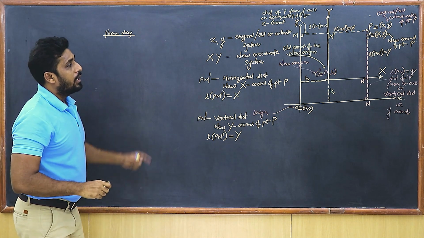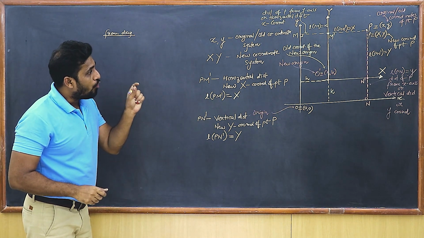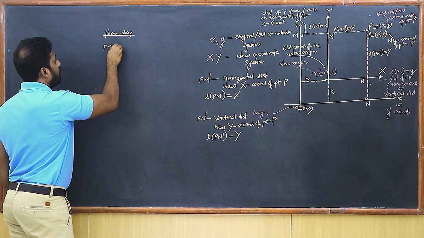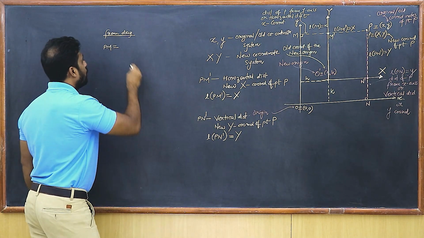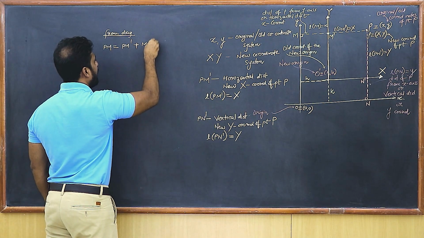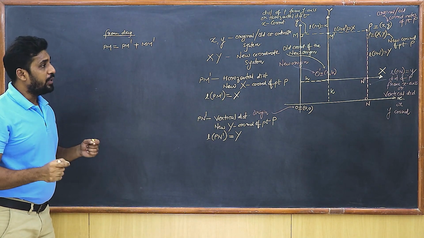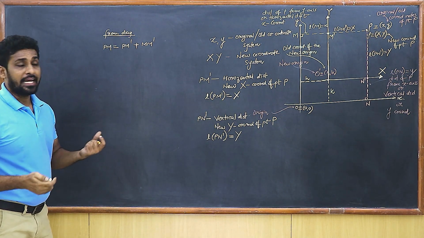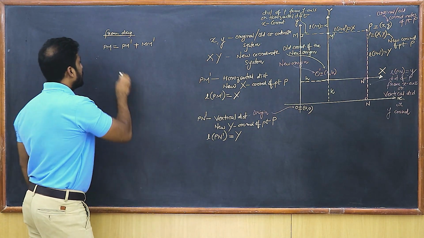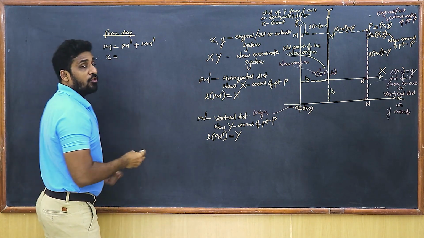can you observe that length of PM is equal to PM dash plus MM dash, isn't it? Length of PM is equal to PM dash plus MM dash. So students, what is PM? The length of PM is small x. So I write here small x. What is length of PM dash?